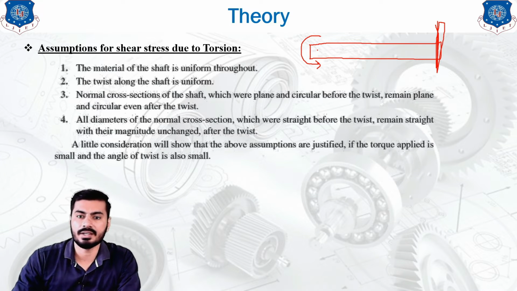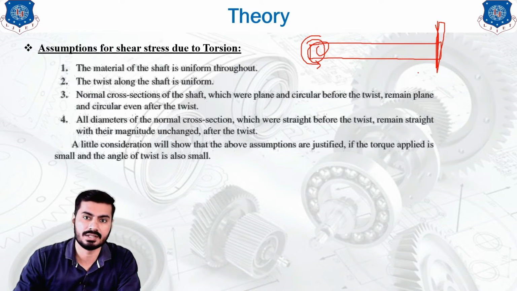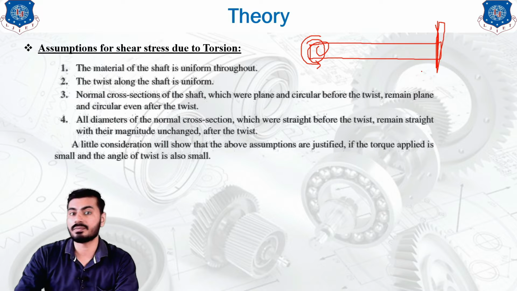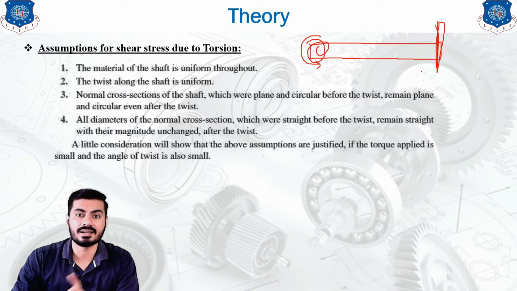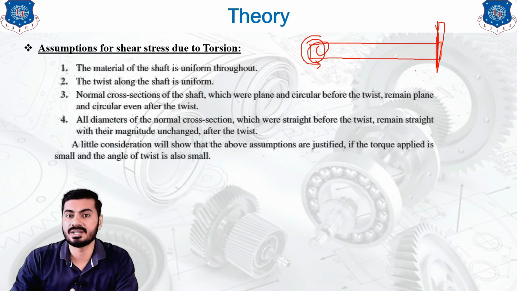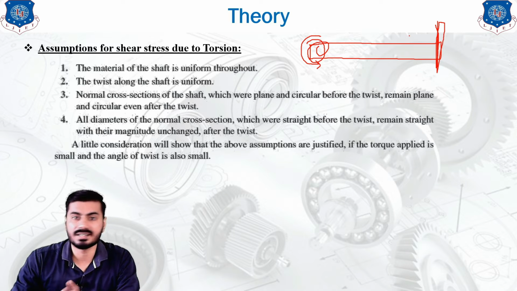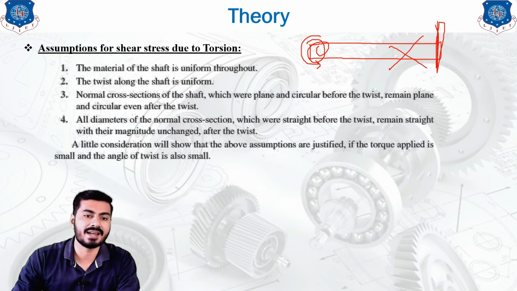It is not like you have applied the twisting moment on this end, so the twisting at this end will be more compared to the other. We are not considering this type of condition. We are considering that the twisting of the whole shaft will be uniform.